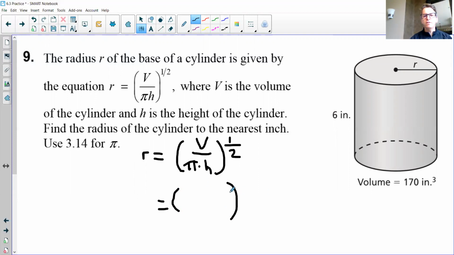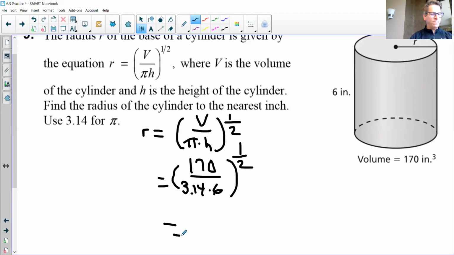You raise that to the 1/2. Once you do this little calculator work, that ends up being 9 to the 1/2, which is a radius of 3 inches.